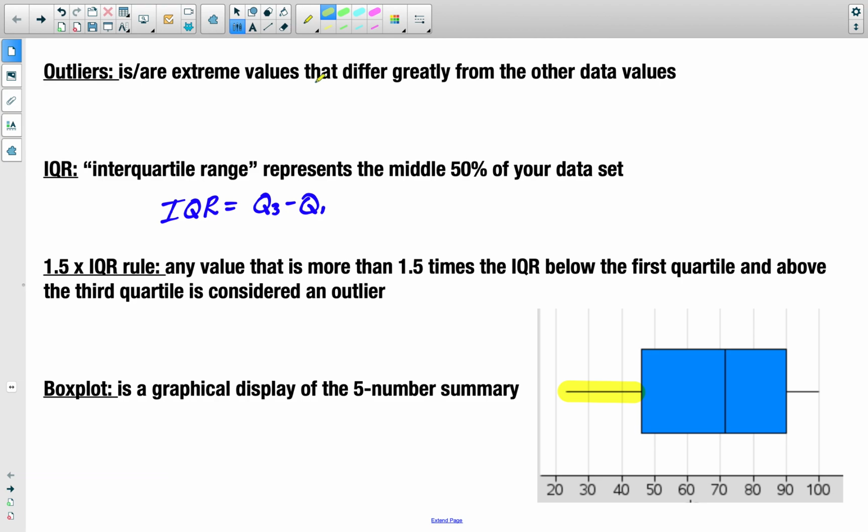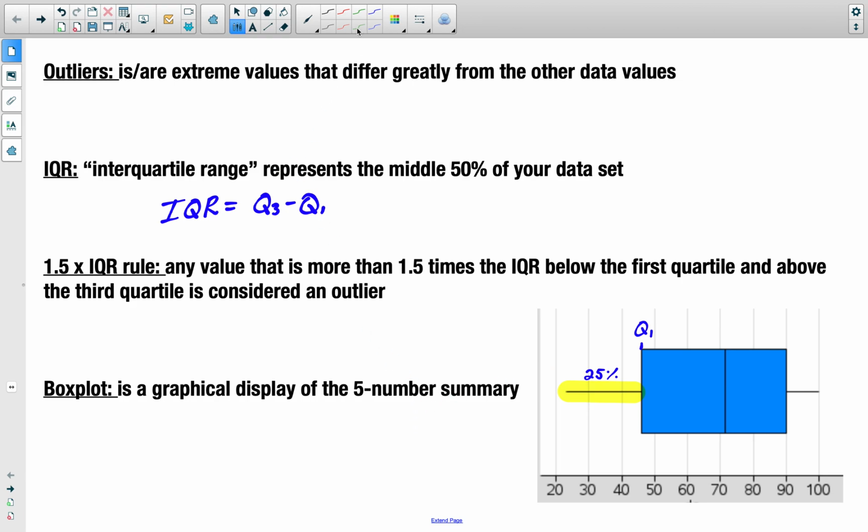That highlighted area represents the first 25% of my test scores. So this value right here, right where that box starts, that's quartile 1, which looks like about 40, maybe 45, 46. So the first 25% of my data values would fall in that range from, it looks like, 22-ish to about 46-ish.